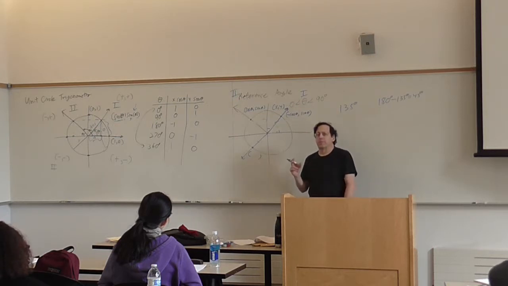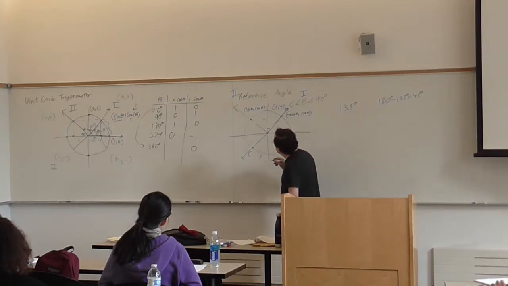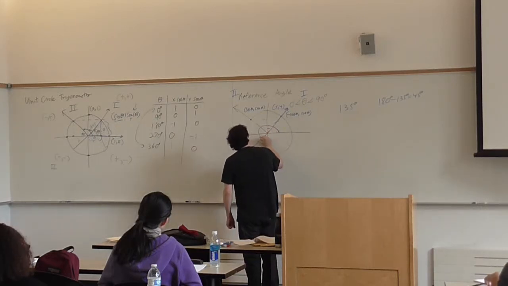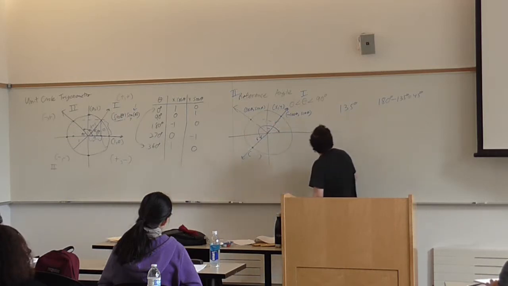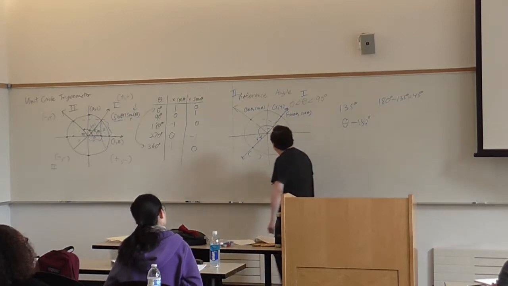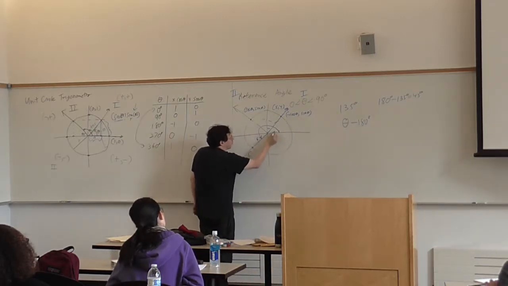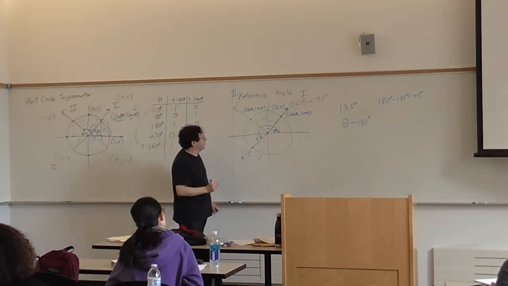I'm up here having blackboard amnesia. This is my angle here. How do I get back to an angle which is just the extension of this? Well, this is 180 degrees, right? So it's just my angle minus 180 degrees. Here's my reference angle. In other words, if the reference angle is theta, this angle is 180 degrees plus theta.